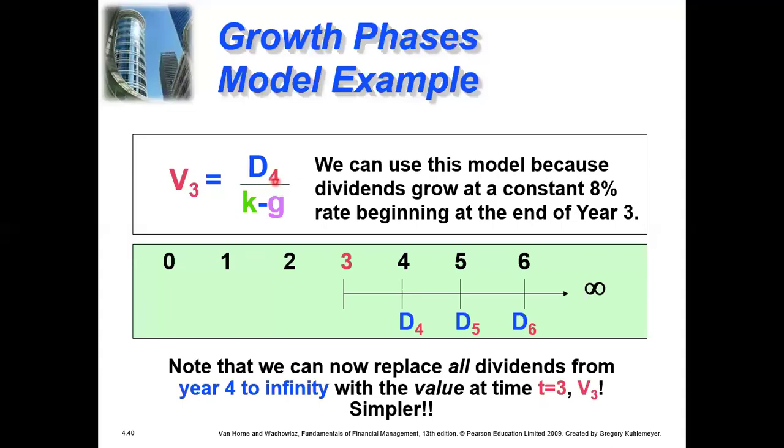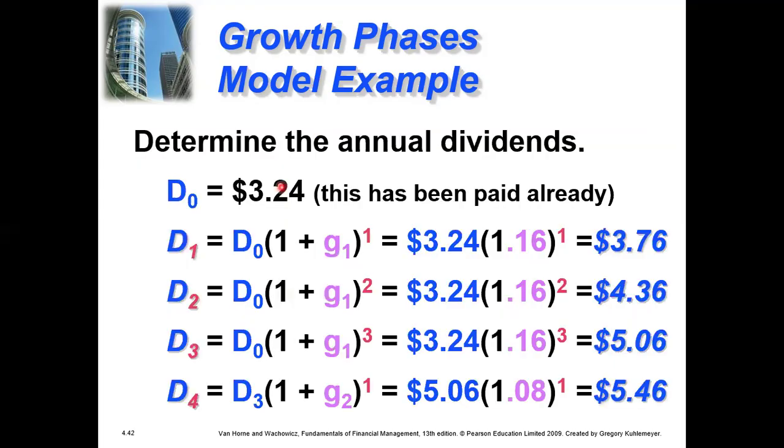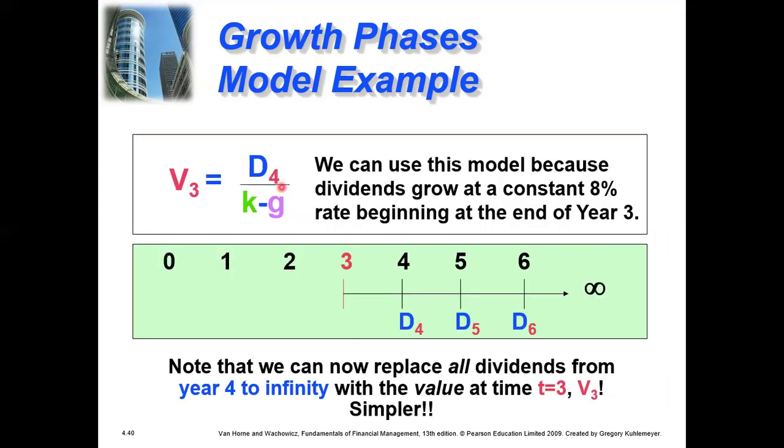How can we get D4? We have the dividend of $3.24, and we can convert it into D1, then D2, then D3, then D4. When we have D4, we can easily get the value of V3.